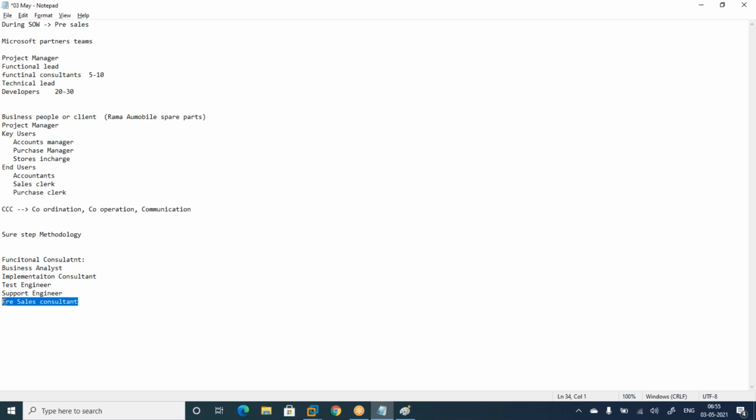Quickly you need to show. So only very experienced people will be part of pre-sales activity. These are the different roles in the market. Majorly you will become an implementation consultant or support consultant. These are the two roles you will usually get a chance for.